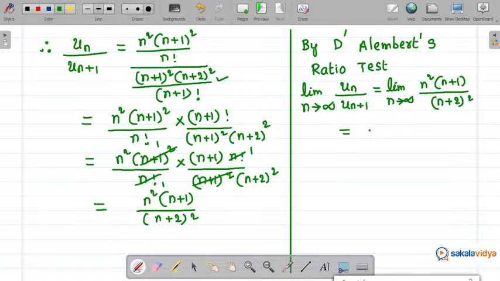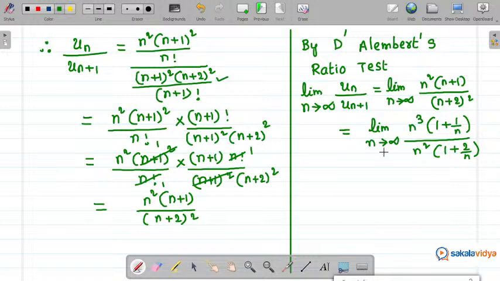What do we get now? Limit n tends to infinity n square into n cube times 1 plus 1 upon n. Here from n plus 2, let us take n, but square is there, you get n square into 1 plus 2 upon n cube by n square, n only. So limit n tends to infinity, we get n times 1 plus 1 upon n by 1 plus 2 upon n.